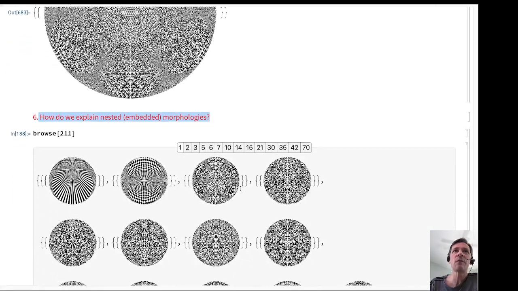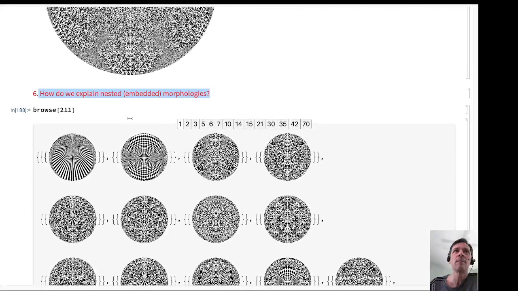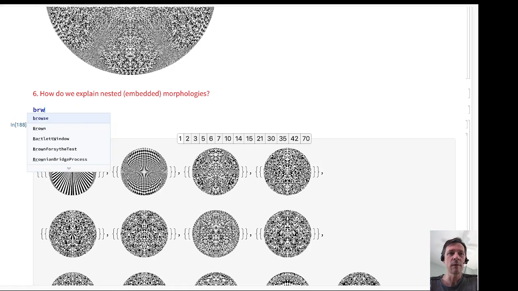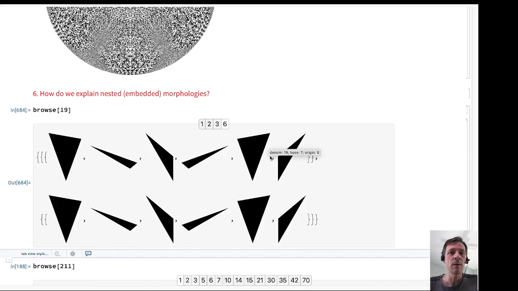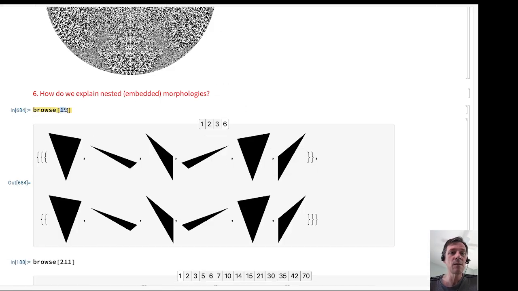And then the last question that I want to ask, and what I want to show off a little bit, is a function that I created, which looks at all the polygons for a particular base, and it's called browsing. If I just browse a relatively small denominator, this is a collection of all of the polygons that are in groups of 6.